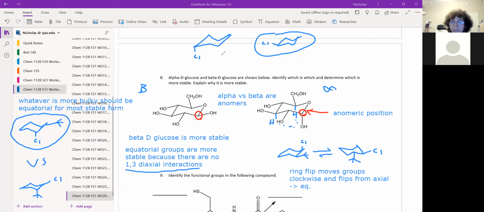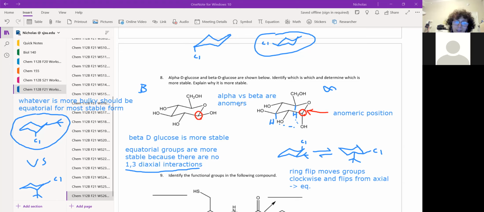And then you should know the structure of both of these off the top of your head, just like you should know what the Fischer projection looks like. But remember, beta is everything is equatorial. So I think that's not too bad to remember.